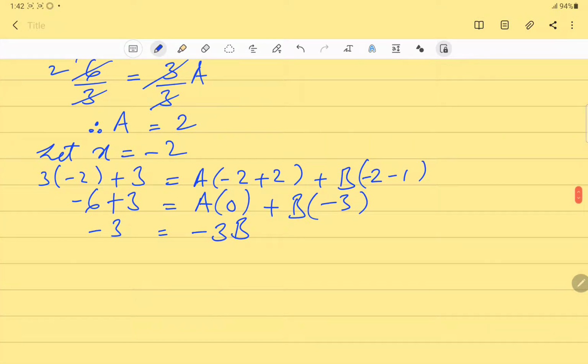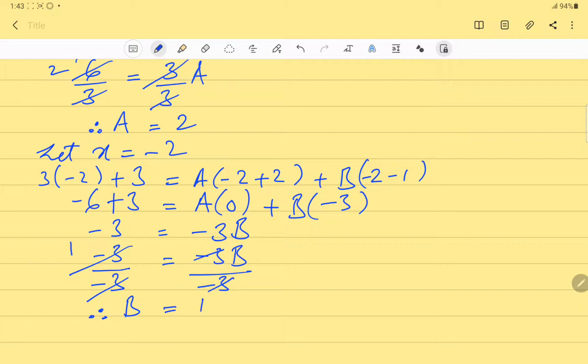Dividing both sides by minus 3, we get the value of b as 1.